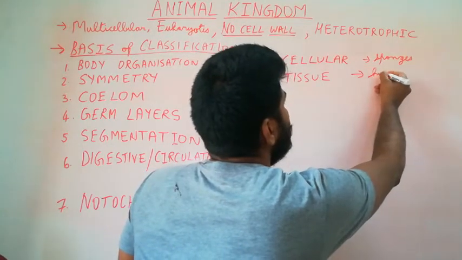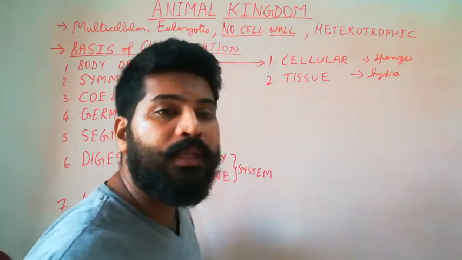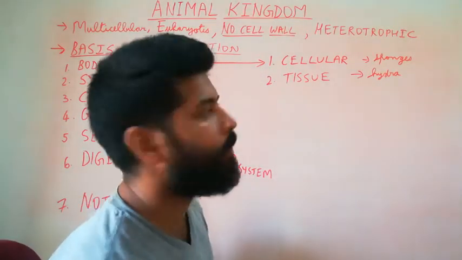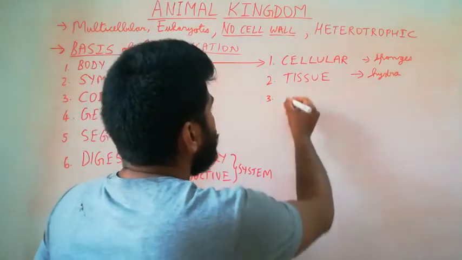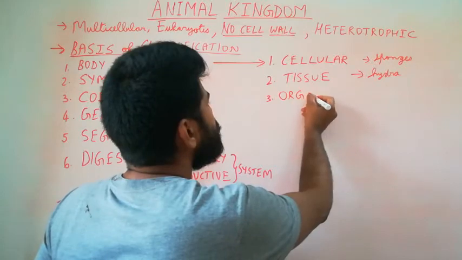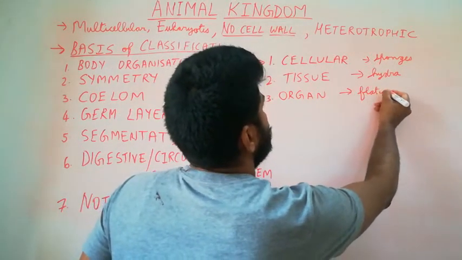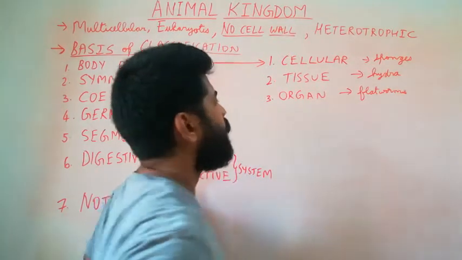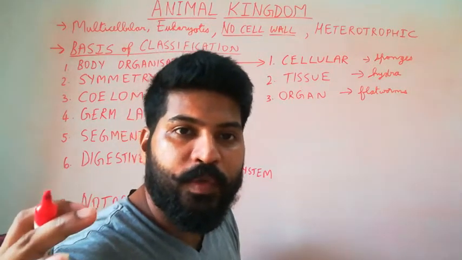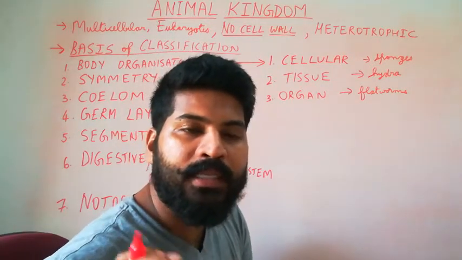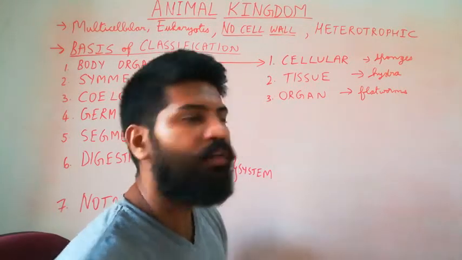We see them in Hydra, that is in Coelenterata, and also in Ctenophora. So there is a division of labor. In some other organisms, such as the flatworms, which are also animals, they display an organ level of organization where tissues come together and there are some basic organs which will help them to carry out different functions.